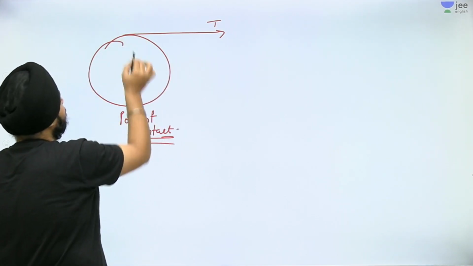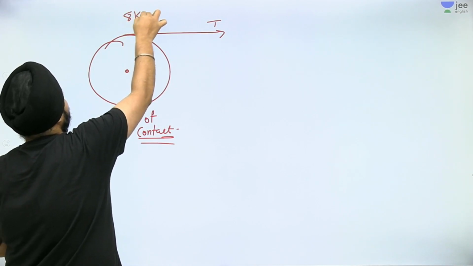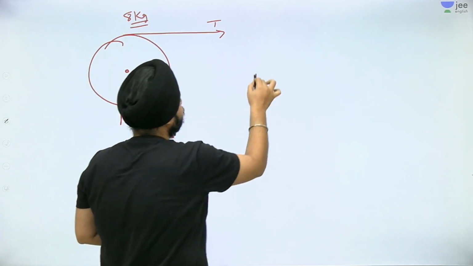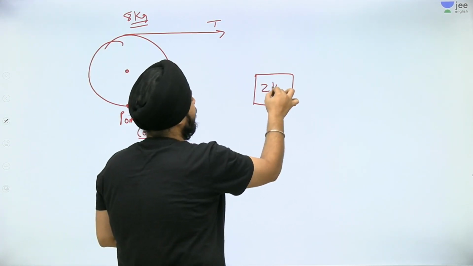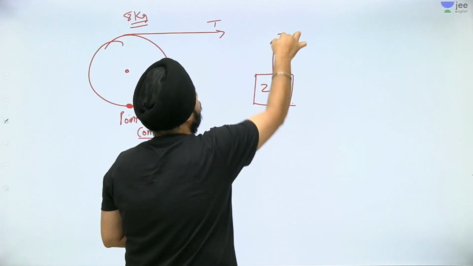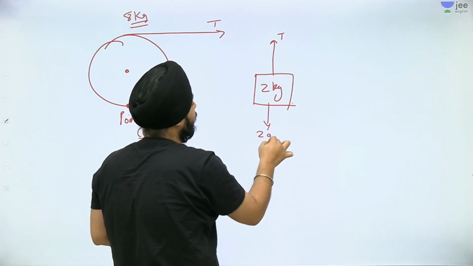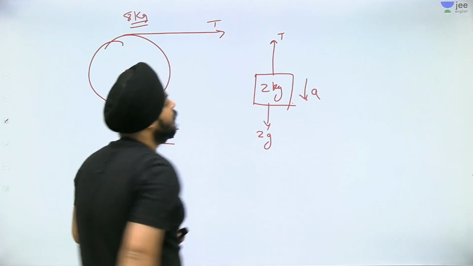This has the mass 8 kg. Now moving forward, here another mass of 2 kg is there. The tension is acting in the upward direction, the weight is acting in the downward direction, and the acceleration would definitely be in the downward direction.